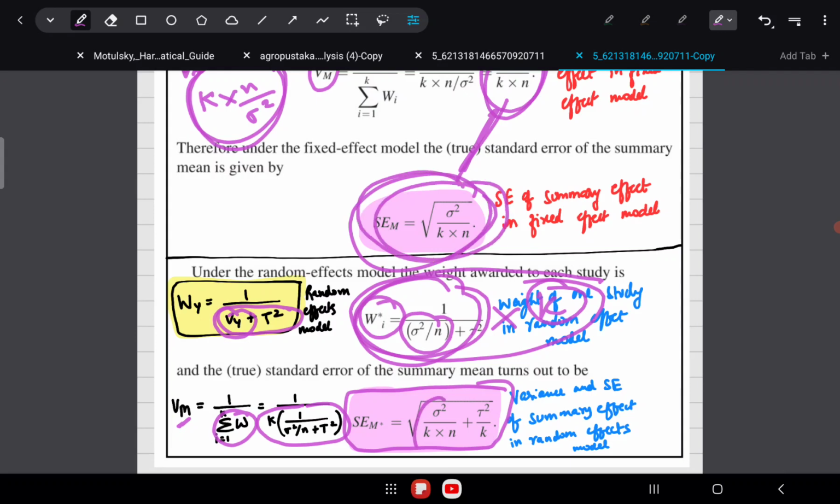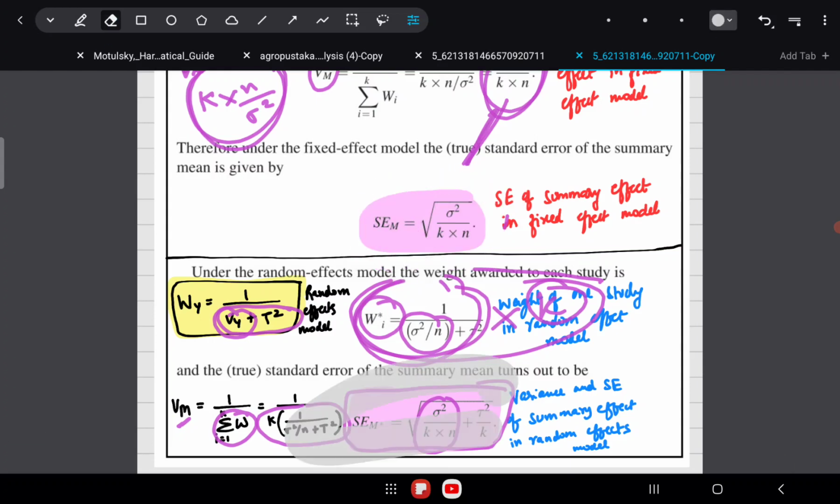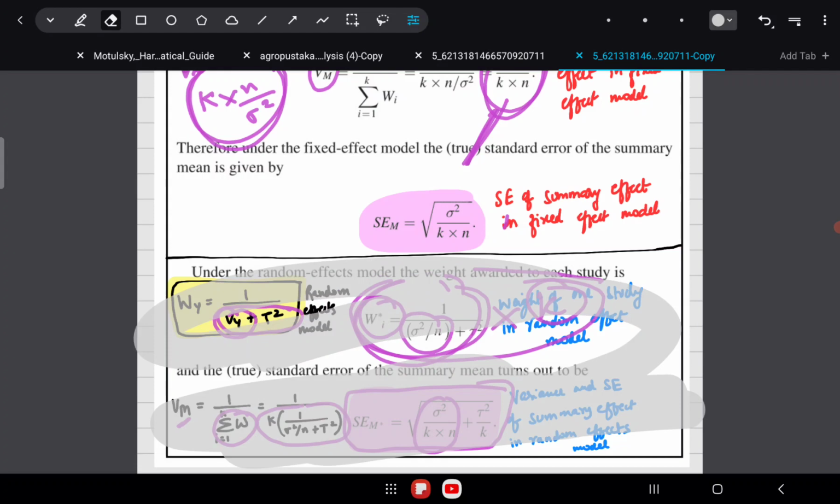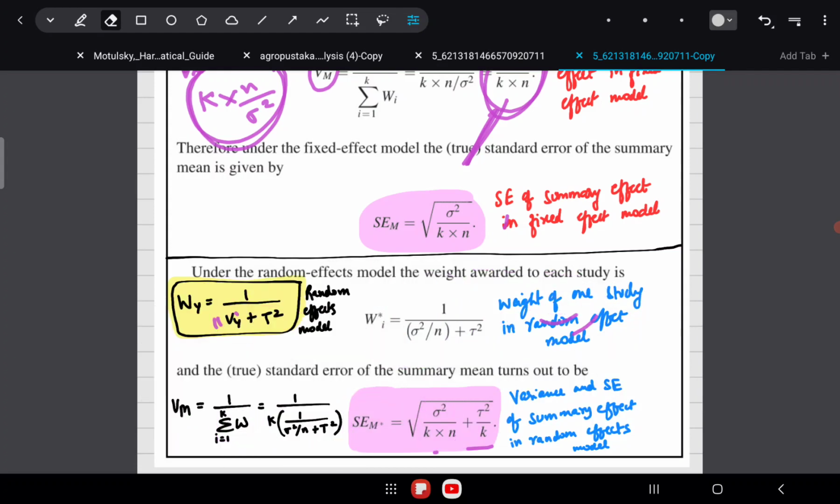The first term in both the formulas is exactly the same, for fixed effect modeling as well as random effect modeling. This is sigma square by kn, but in case of random effect modeling you also have tau square by k.